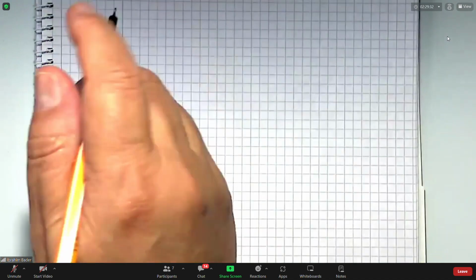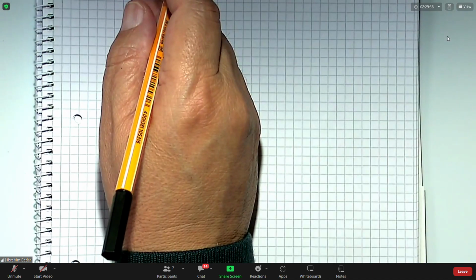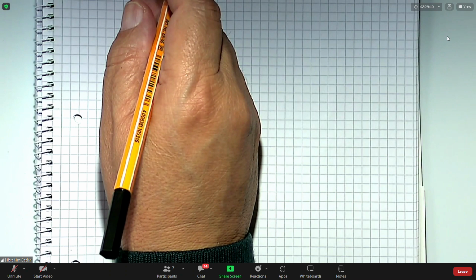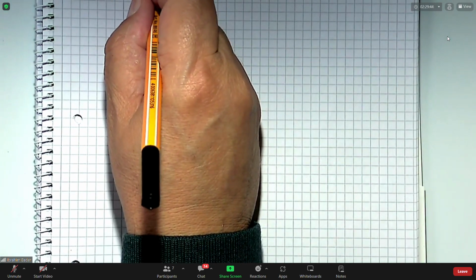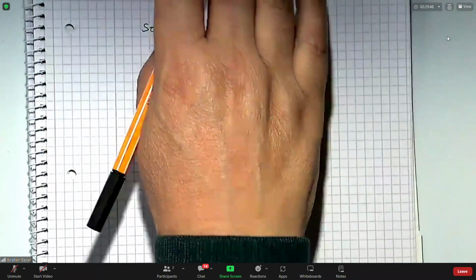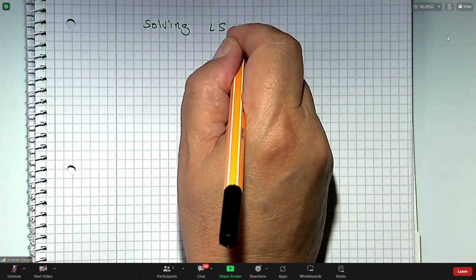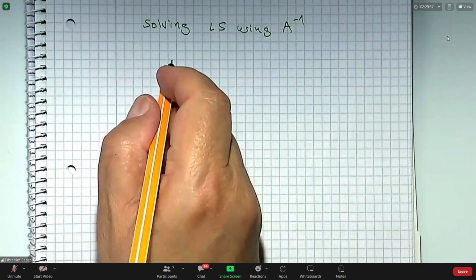Now, to wrap these things up here, how we use this theory that we learned today to solve a linear system? So here let's summarize. Solving a linear system using the inverse, of course, if it exists.